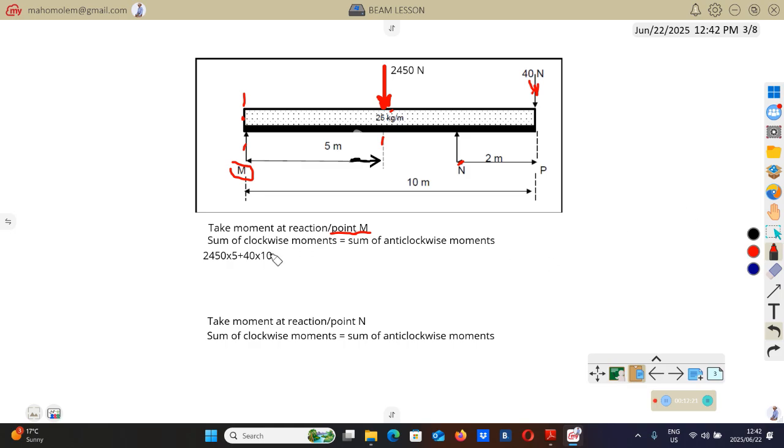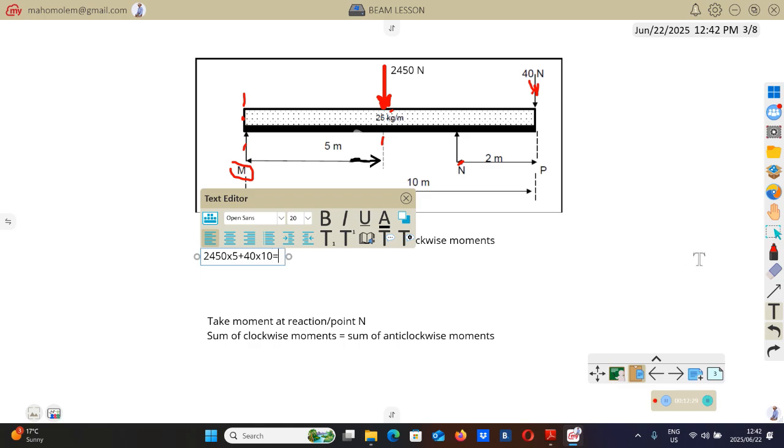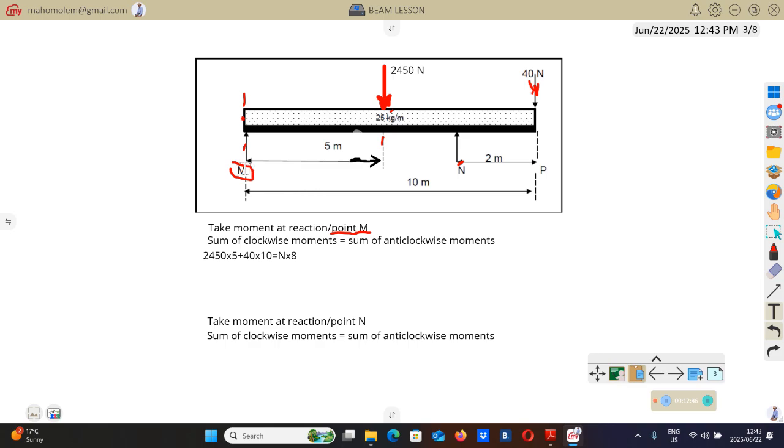Then for anti-clockwise moments, we're going to have that upward force, which at the moment is unknown. We'll take that force and multiply by the distance from M to that force of N to here, which will be 8.